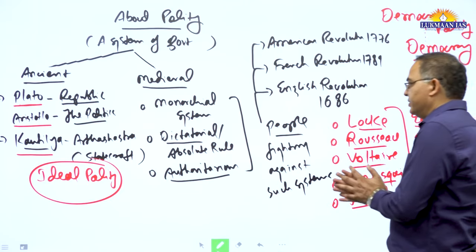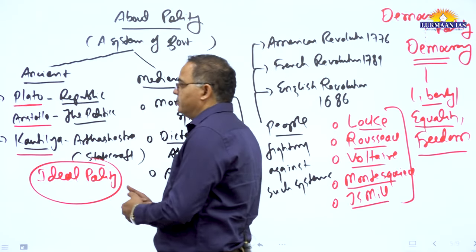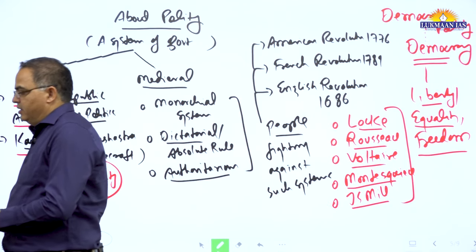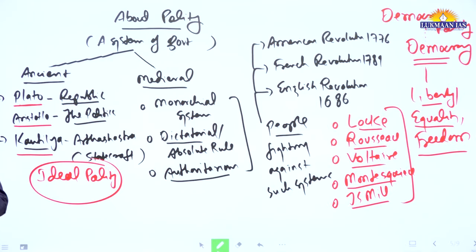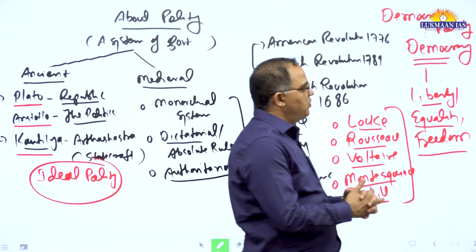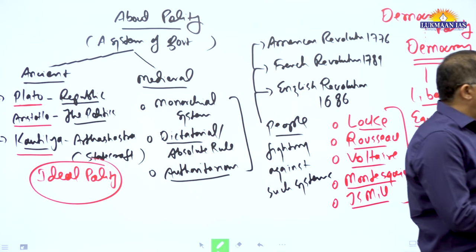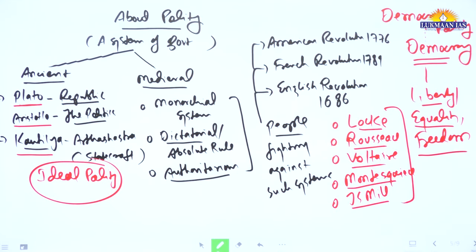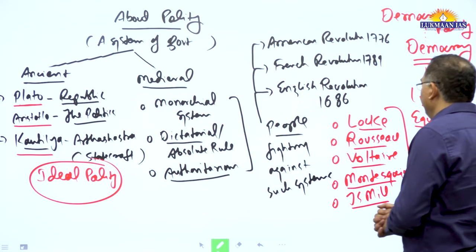First, people wanted democratic rights like liberty, equality and freedom.